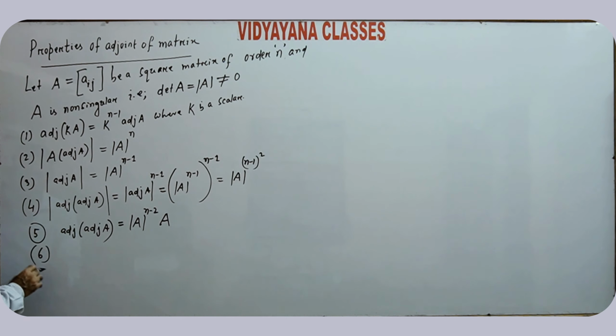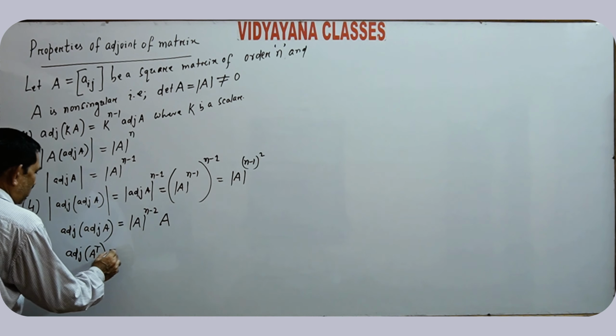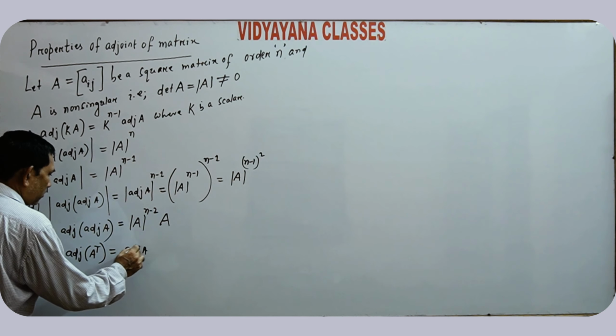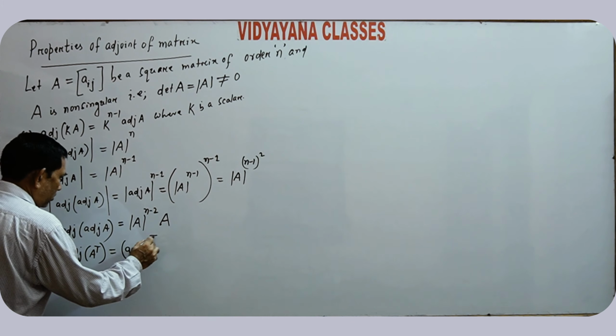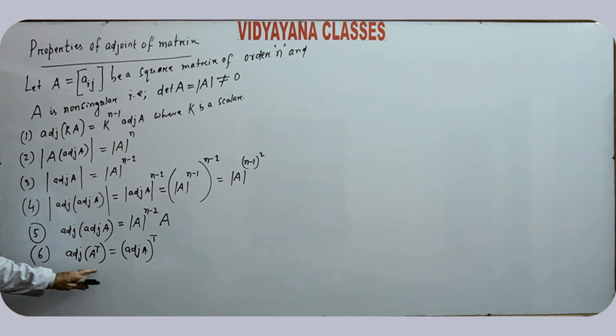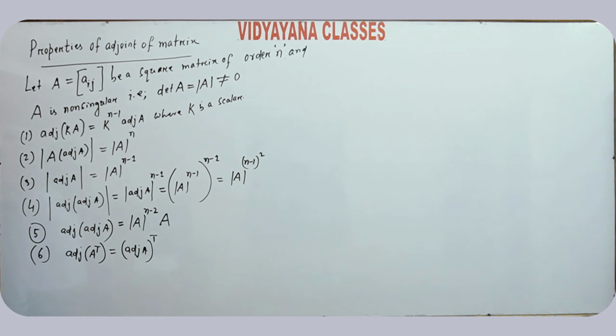Sixth, adjoint of A transpose is equal to transpose of adjoint A.